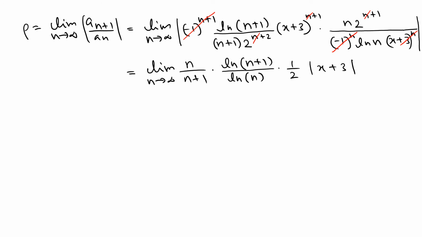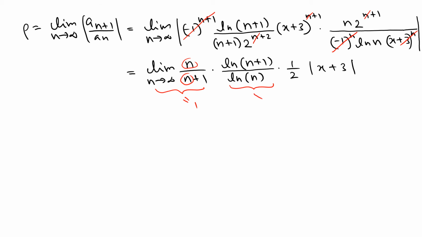Now let's look at these limits. What's going to happen when n goes to infinity? You can see the top and bottom are the same up to 1, so we can disregard the 1 as we go to infinity, so this limit is simply 1. The same thing happens here. You can see this is natural log of n and of n plus 1. They are getting larger and larger, and they only differ by 1, so they are getting extremely close to each other.